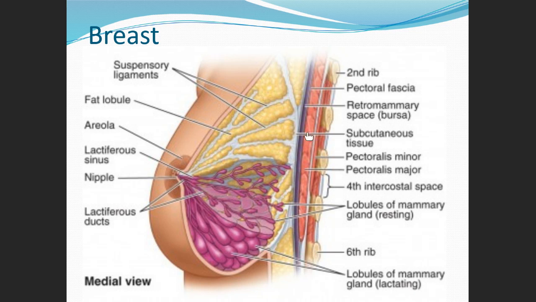A bad sign, or a red flag, would be a breast lump that is not mobile. It is now attached to the pectoralis muscles. That means it invaded the pectoral fascia and is now starting to invade the pectoral muscles. So that is a red flag that this is a metastatic tumor.